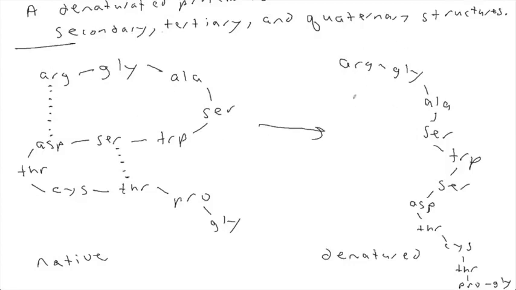It lost the S shape. Now it basically has a random structure, or no structure at all. There's no particular pattern or folding here. It's just basically extended. Instead of being folded, denatured states are generally extended rather than folded.